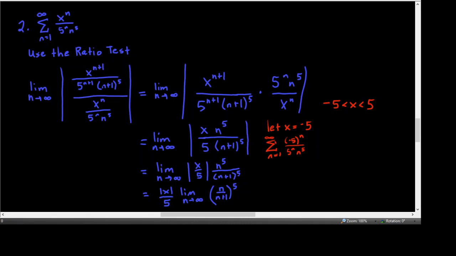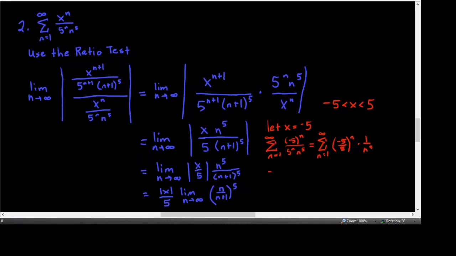Because both the 5 in the denominator is raised to the nth and -5 is also raised to the nth, those can be combined into a single fraction raised to the nth, and that would be -5 over 5, to the nth, times 1 over n to the 5th.